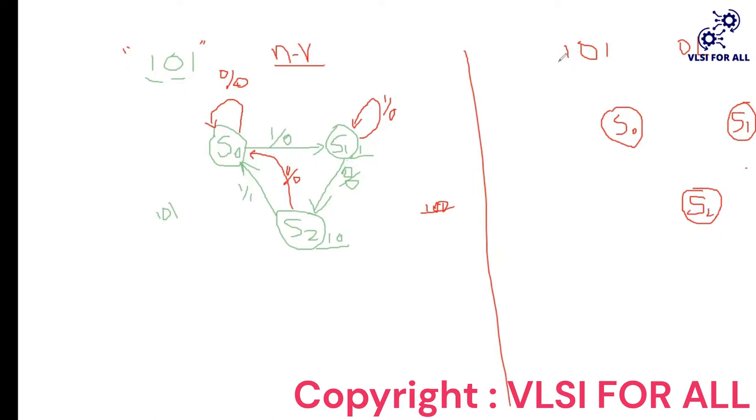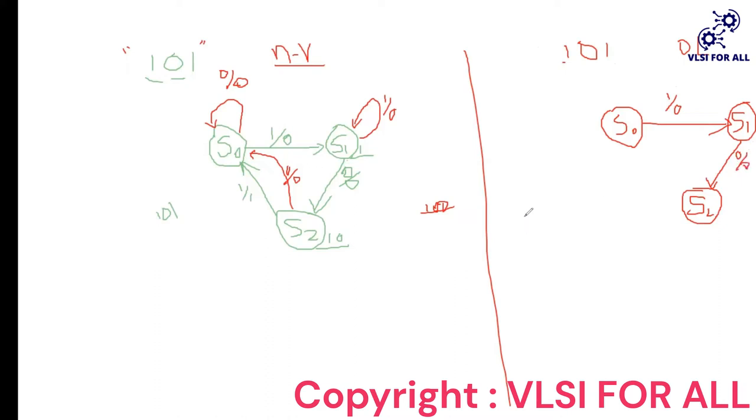So when we get 1 as the input, we will be proceeding to the next state, that is S1. So we'll be mentioning it as 1 by 0, right? And then when we get 0 as input, we'll be going to the next state, that is S2. That will be 0 by 0.